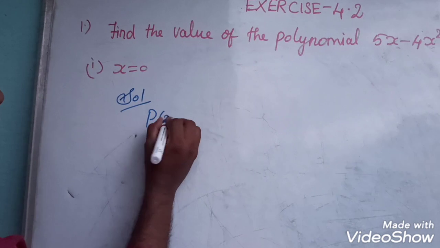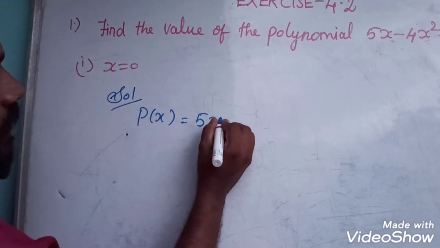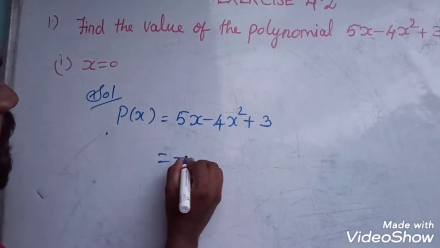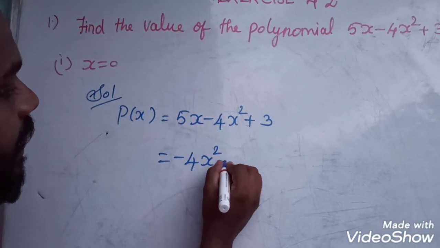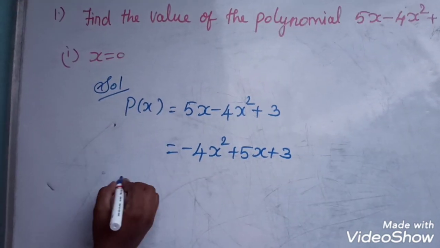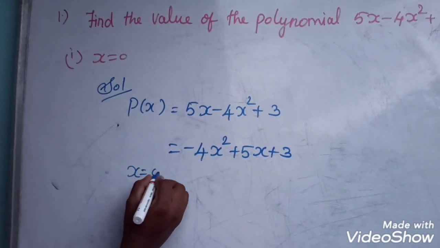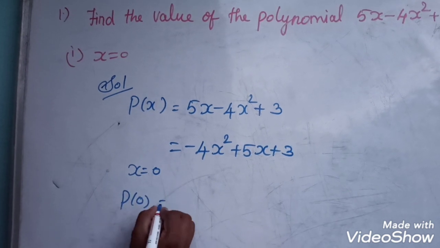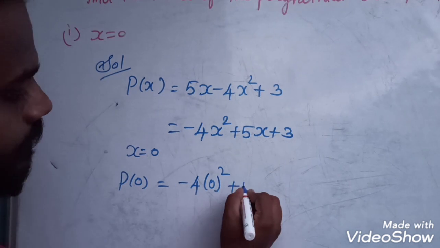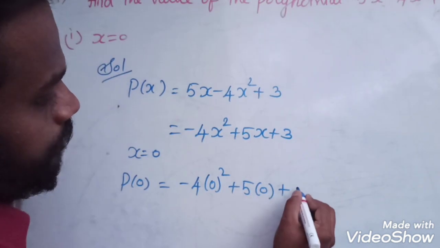Solution. The given p of x is 5x minus 4x square plus 3. I just rearrange it: minus 4x square plus 5x plus 3. Instead of x we have to put x equal to 0. So p of 0 is equal to minus 4 into 0 whole square plus 5 into 0 plus 3.